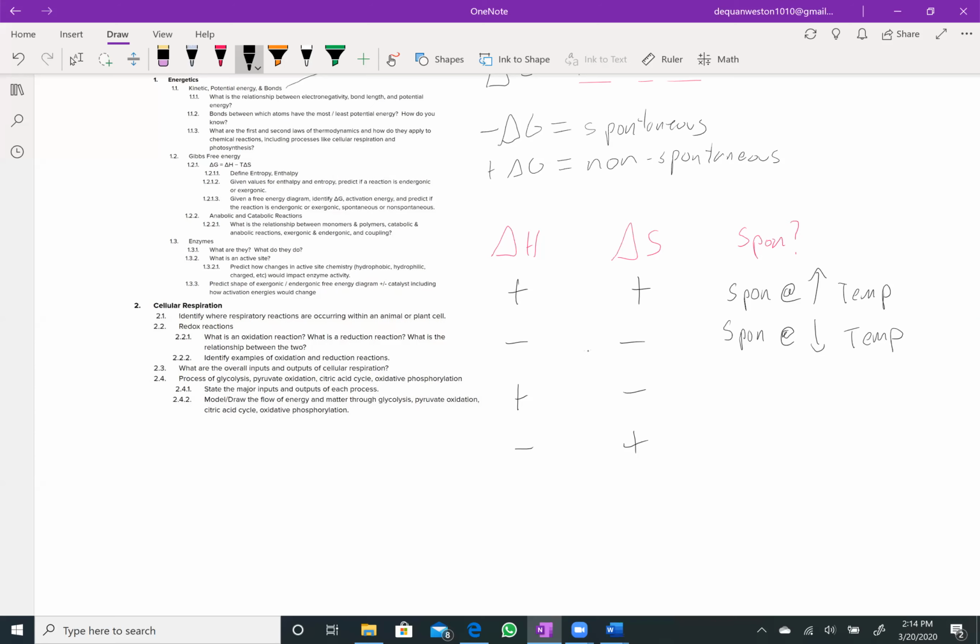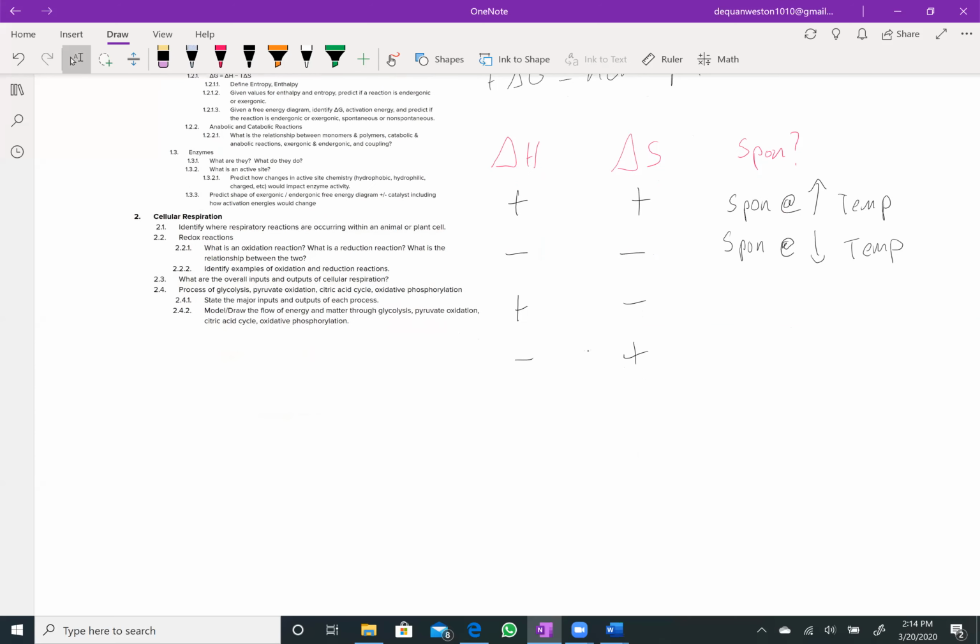Okay, so this next one. These two are easy to mix up because you can't just think of a number line or some cheat code. So you have to think: entropy is decreasing, and usually everything spontaneous is an increase in entropy. So this is going to be non-spon, non-spontaneous for all temperatures.